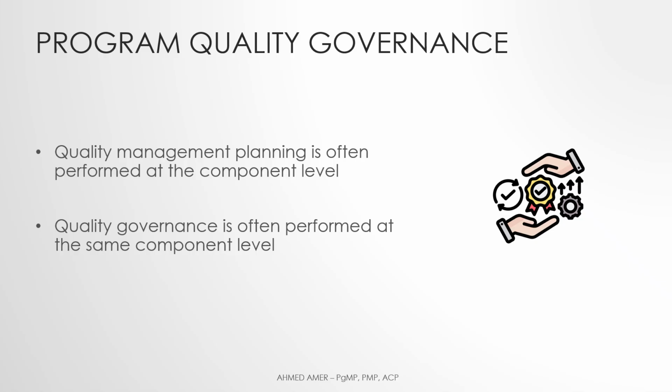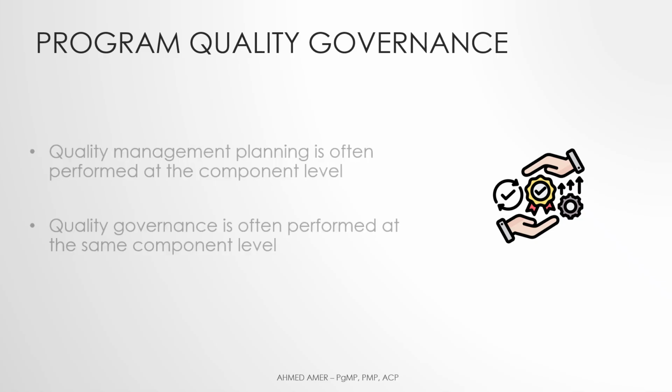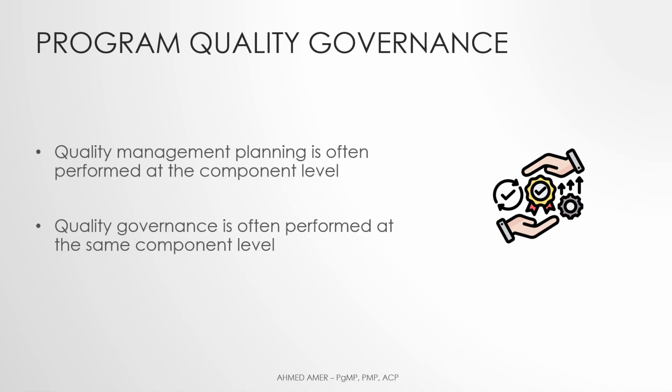They also make sure there are clear standards in place for how quality will be measured, documented, and reported, so that everyone knows what good looks like and how it will be tracked throughout the program. Again, as this point is important, quality management planning is often performed at the component level. Therefore, it's governed at that level.